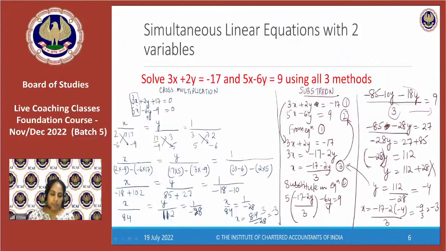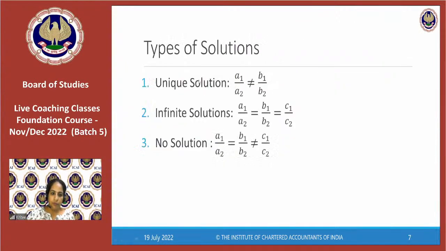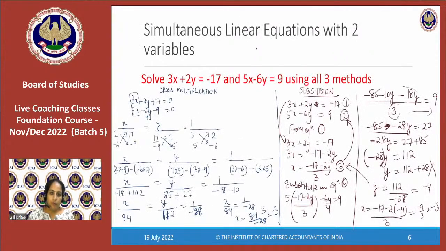Under cross multiplication, the first step is you will bring all the variables to one side and make it equal to 0. Then write down the variables for which you have to find the values: x, y, and then we have one for the constants here. So for them we write 1.